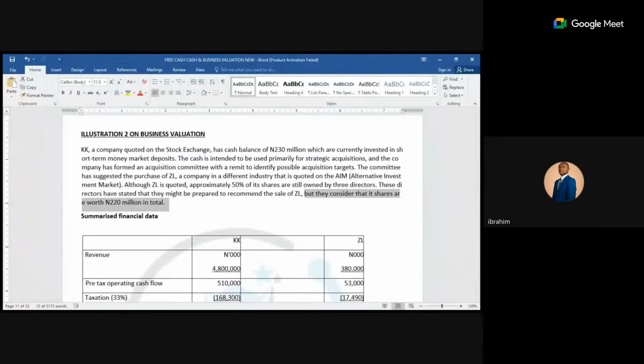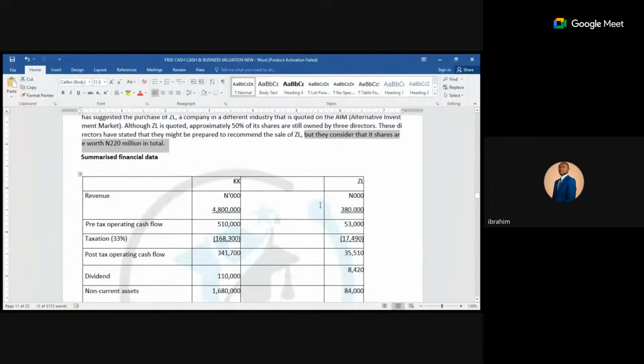So the directors believe that the shares of ZL in total are worth 220 million. That is their own quote.